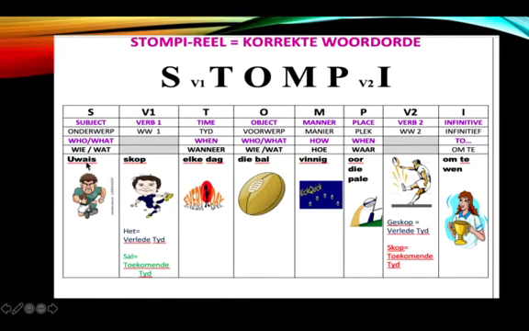Met ander woorde, Uwys skop elke dag die bal vinnig oor die pale om te wen. Or you can say, Uwys het elke dag die bal vinnig oor die pale geskop om te wen. You can also say, Uwys sal elke dag die bal vinnig oor die pale skop om te wen.